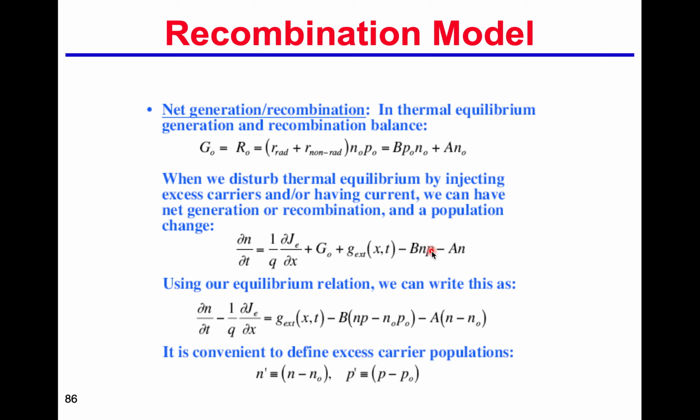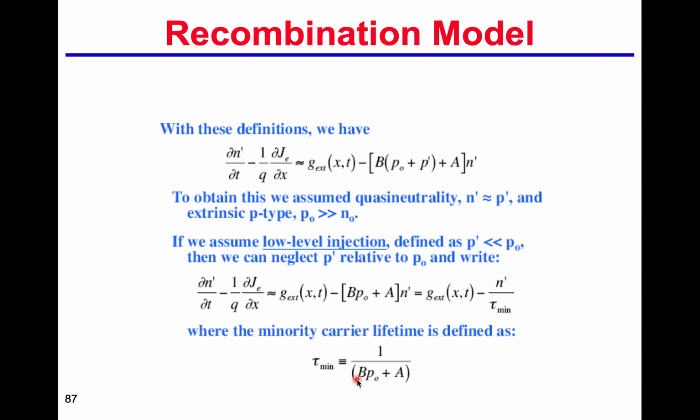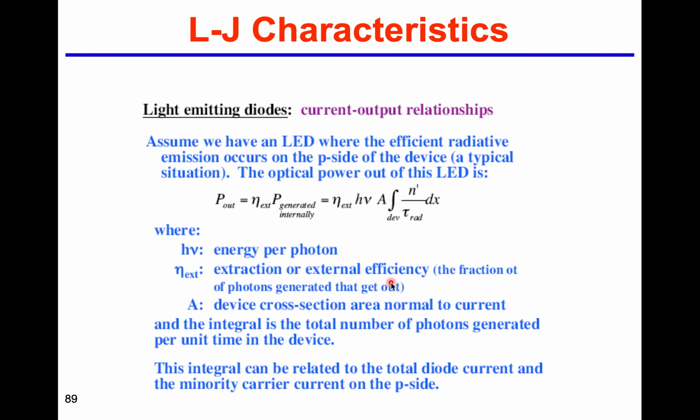This is radiative, that is non-radiative, and this term describes the current injection, okay? So we can do some calculation and derivation. Then what I want to show you is that we can get the output power, okay? So the output photon flux equals this equation.